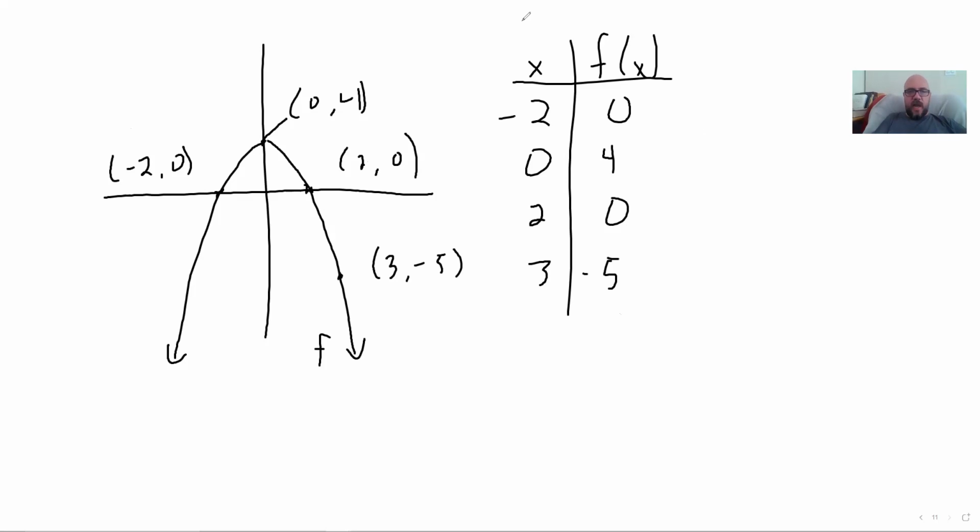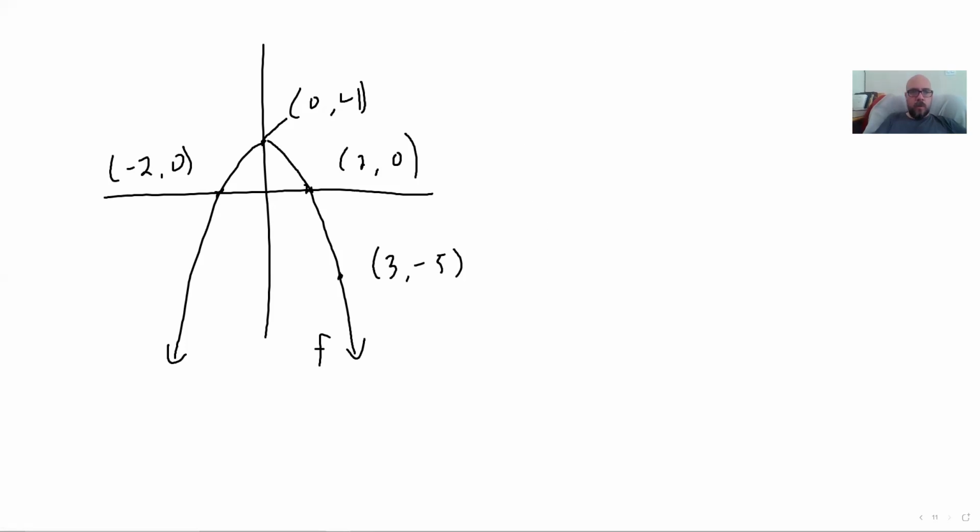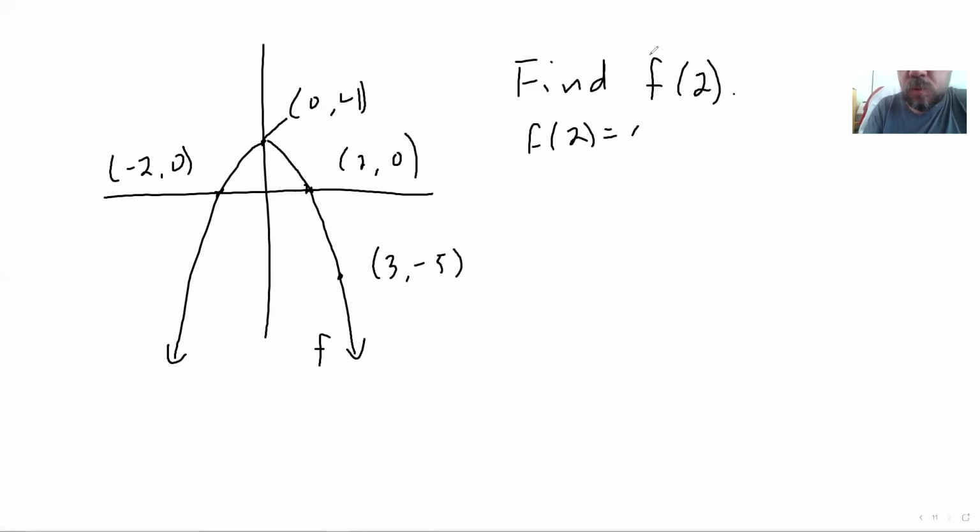So let's say I didn't have that. Let's say I'm just going to select all this nonsense and get rid of it. And instead, all I had was this graph. I could say something like, find f of 2. Okay, well, f of 2 is 0 because this point is on the graph.